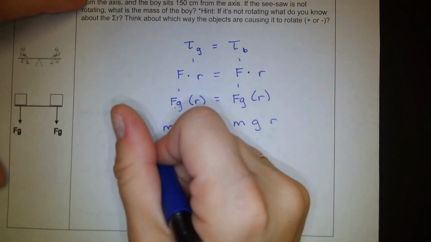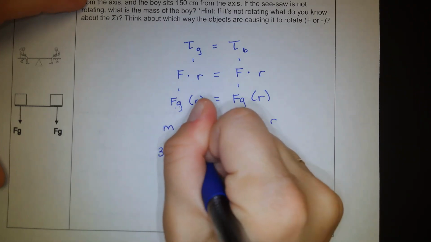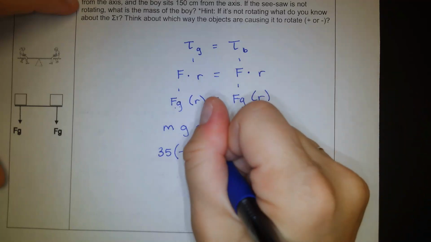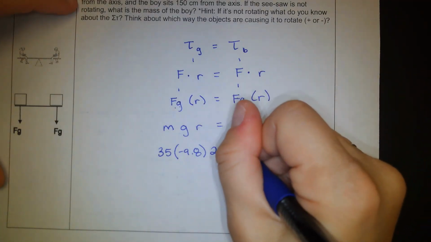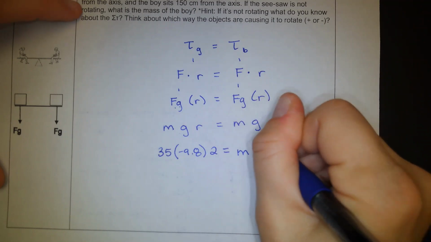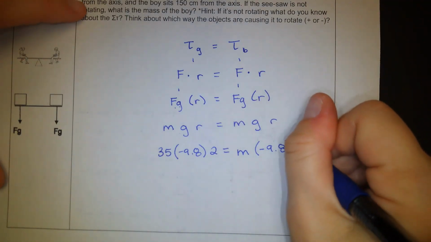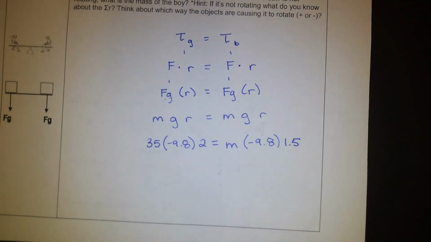The mass of the girl was 35, gravity negative 9.8, and she sits 200 centimeters away, which is 2 meters. The mass of the boy is what we're solving for. Gravity negative 9.8, and he sits 150 centimeters away, which is 1.5 meters.